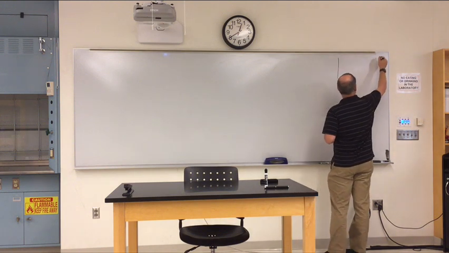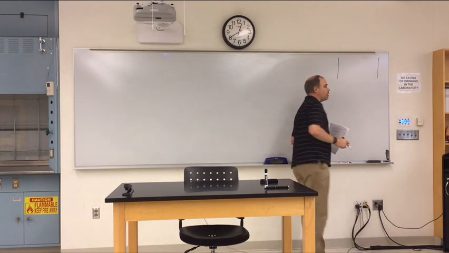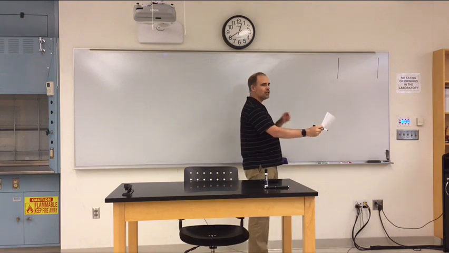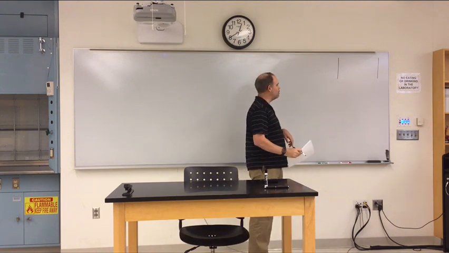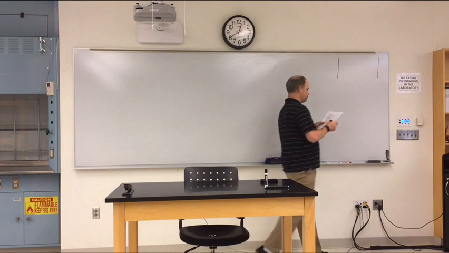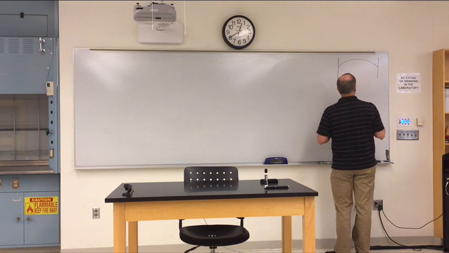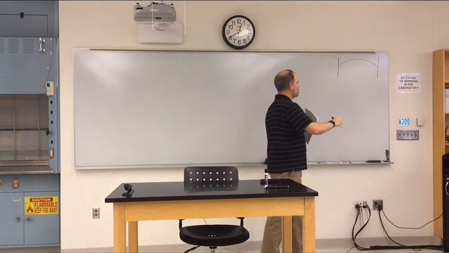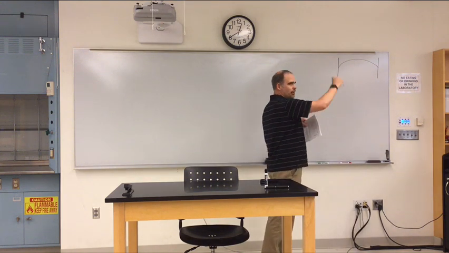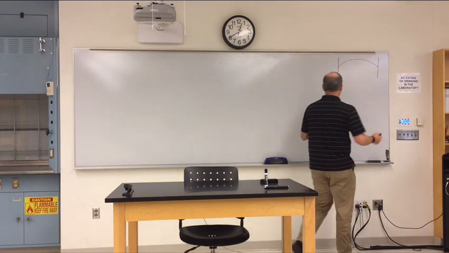So let's say you have your guitar, and you've got the two ends of the strings tied down. You're going to draw the simplest type of wave, a standing wave where just the two ends are tied and it's oscillating between the two.